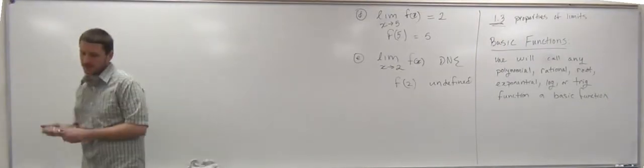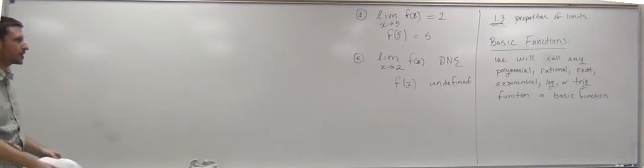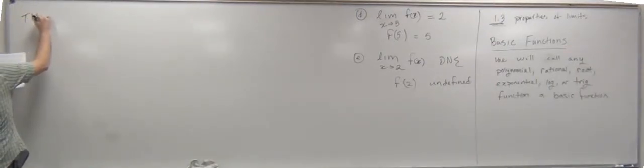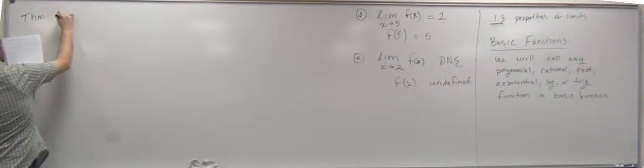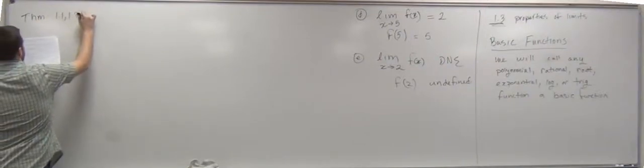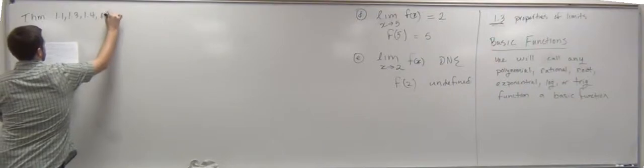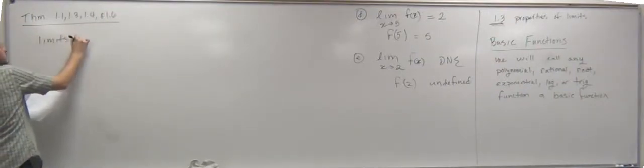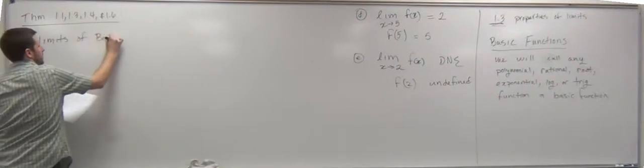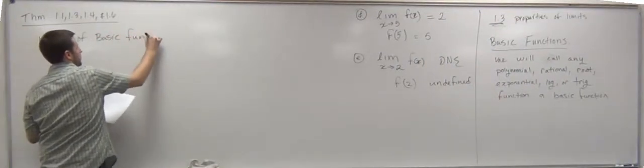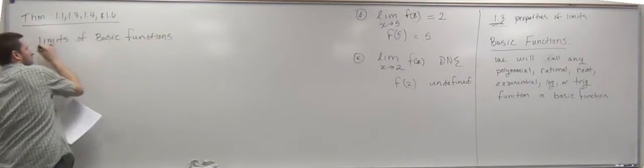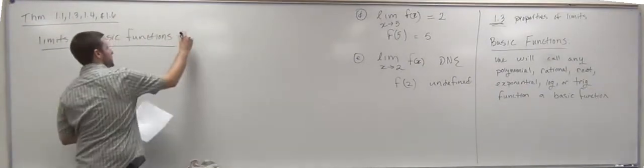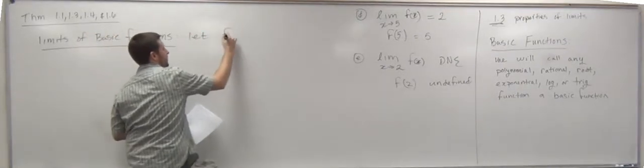So what I'm doing here is I'm taking sort of 4 theorems from your book and combining them into one statement. This covers a bunch of theorems from your section. But this is basically about limits of basic functions. So let f of x be any, suppose I have any basic function.